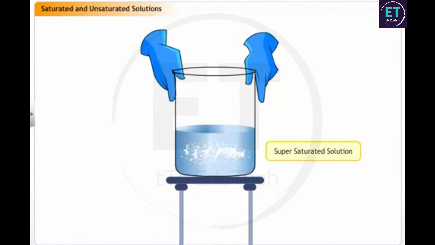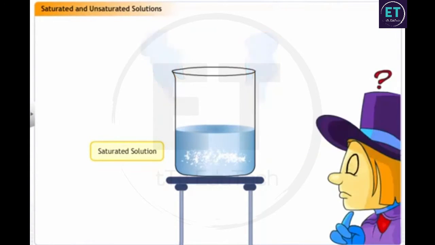Even a slight disturbance will make the solute precipitate out, and you will be left with a saturated solution. Therefore, we can classify a solution as saturated, unsaturated, or supersaturated, depending on the amount of solute present in the solution.